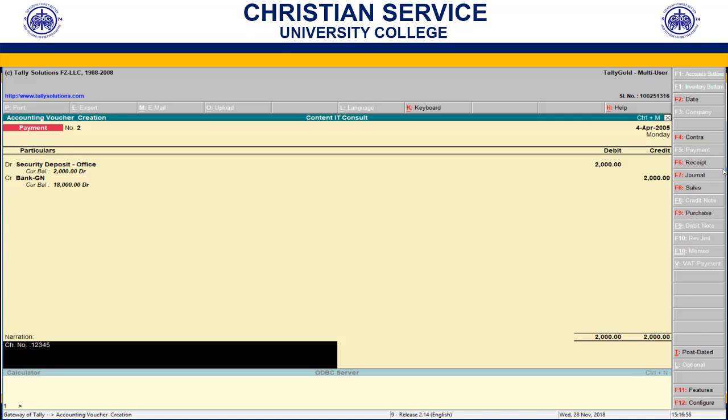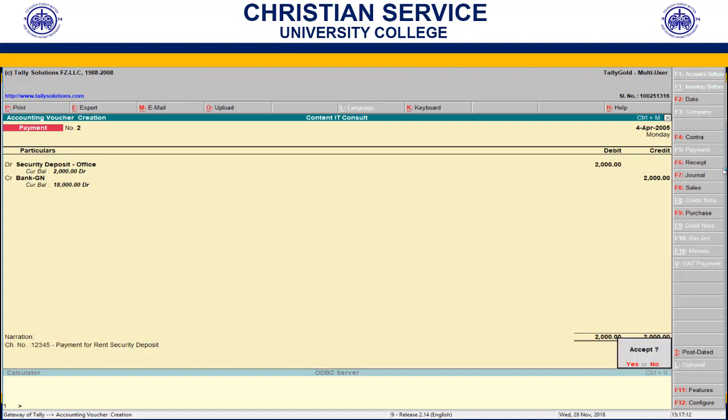It's usually good to put the check number and then a hyphen, and describe what just happened as your narration. So that is payment for rent security deposit.